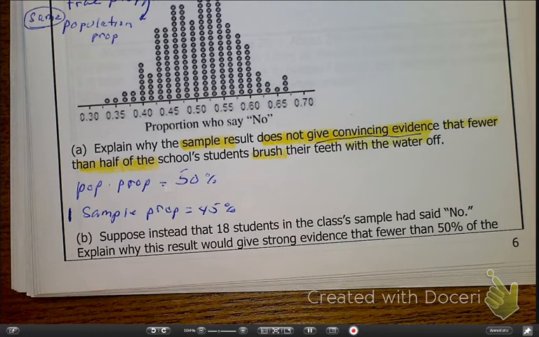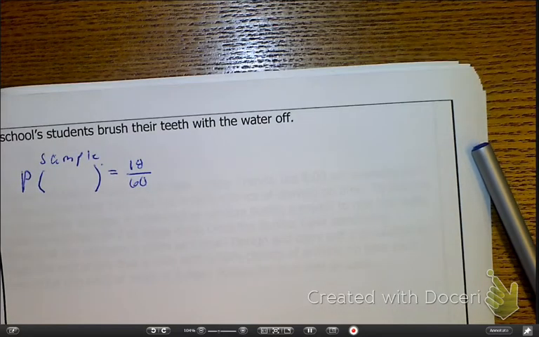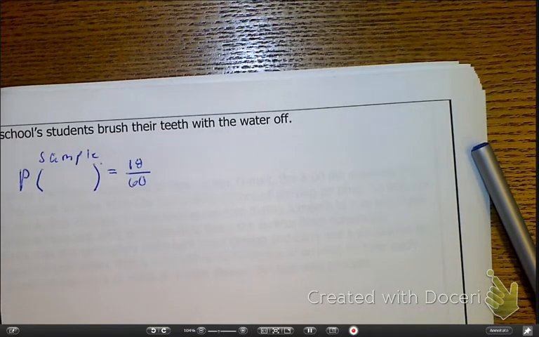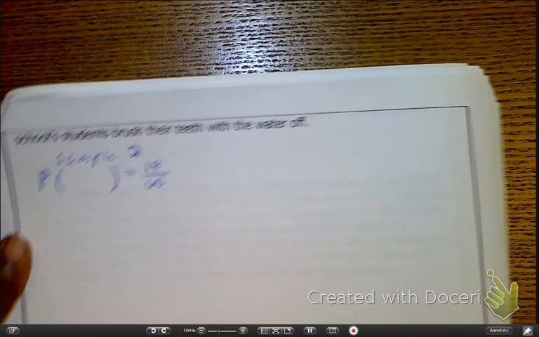Now lastly, I want to do part B. Suppose instead that 18 students in the class sample had said no. Explain why these results would give convincing evidence that fewer than 50% of the school's students brush their teeth with the water off. Now we're looking at 18 people in the second sample, sample 2.